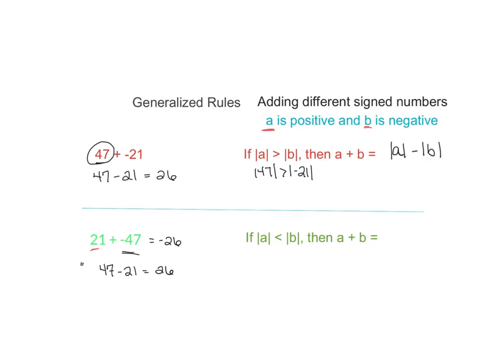So in this case, the absolute value of the first addend is smaller than the absolute value of the second addend. The absolute value of 21 is smaller than the absolute value of 47. So you actually started with the larger number in absolute value, subtracted the smaller value in absolute value, and then knew your answer was going to be negative.